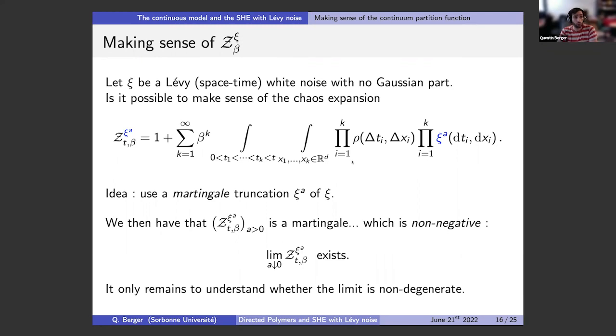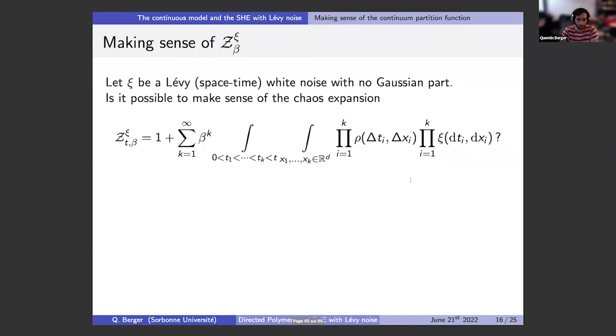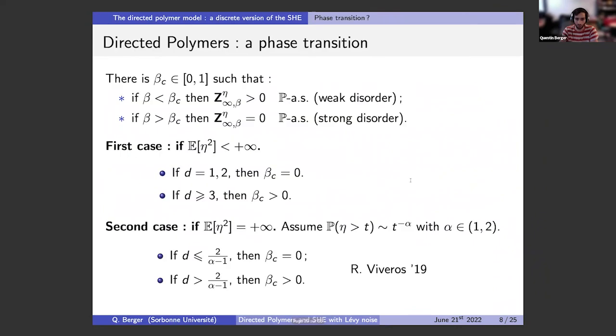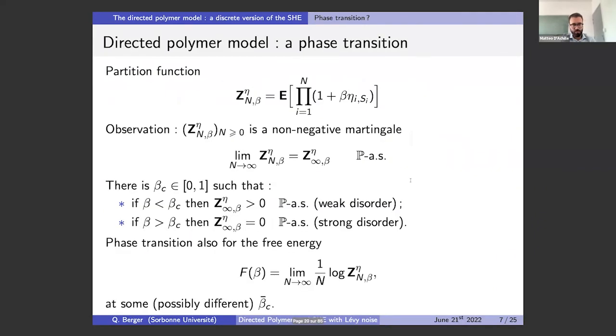And if you start to look at weird graphs, it gets complicated, and people have been studying that. There's a recent work by Clément Cosco and Ofer Zeitouni, who show that on a graph, the conjecture I stated earlier, the fact that the critical point for the free energy and for the partition function are the same, is not true.